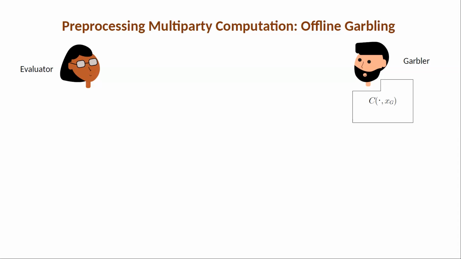We have two parties, let's call them Eva and Gabriel. Gabriel holds a circuit with their input hard-coded into the circuit, and they would like to jointly compute the function which the circuit implements, but Eva only picks their input later after they've seen the circuit.